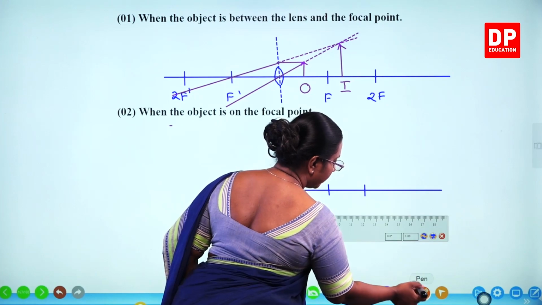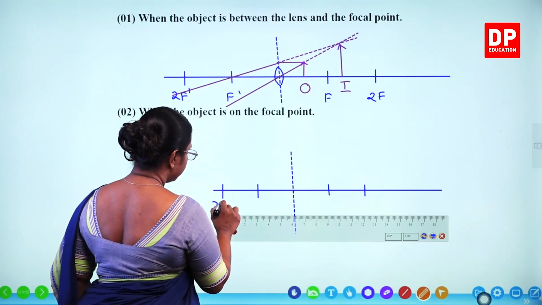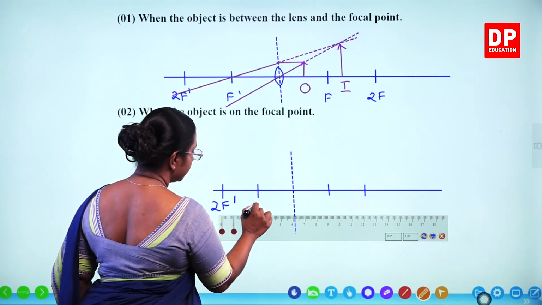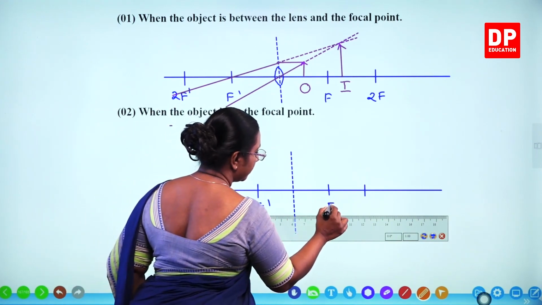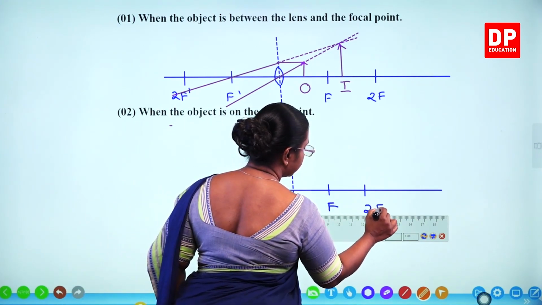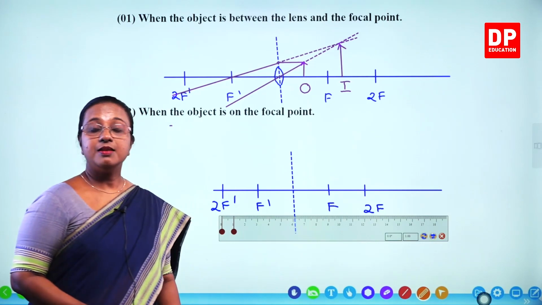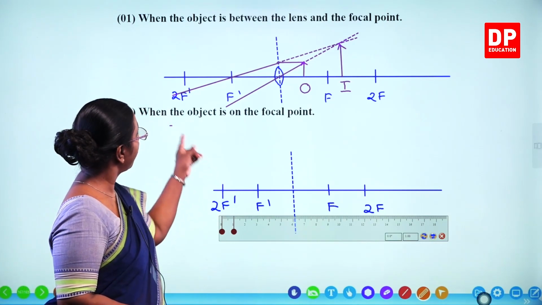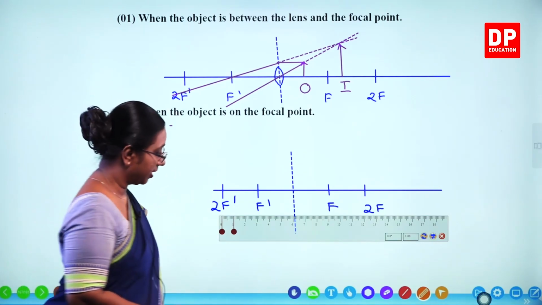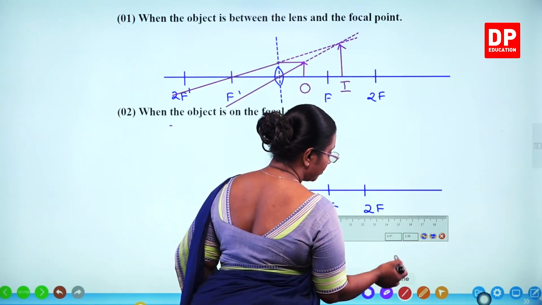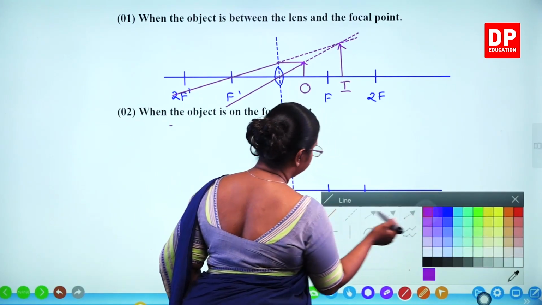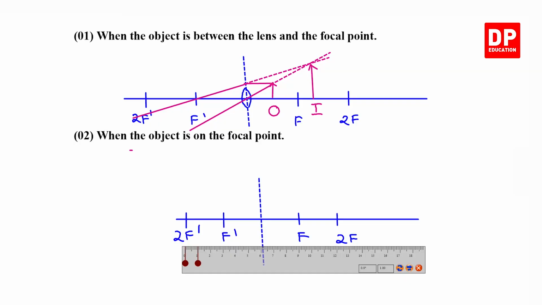You have to write what they are. 2F dash, F dash, F and 2F. Then we have the object on the focal point. So again I will use a different color for the object, and here the object is on the focal point.